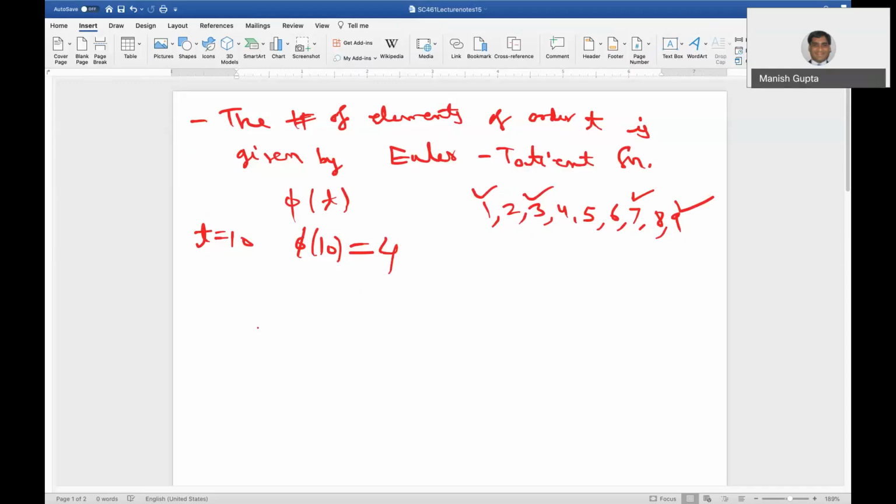In fact, we have a formula that phi of p, if p is a prime, will be p minus 1, which is clear because p is a prime number. So how many numbers are less than p and relatively prime to p?